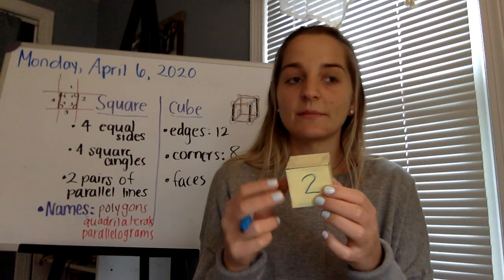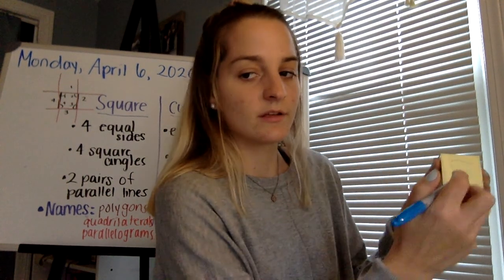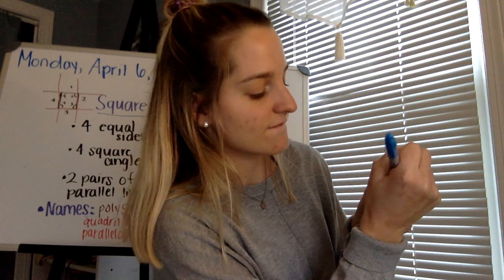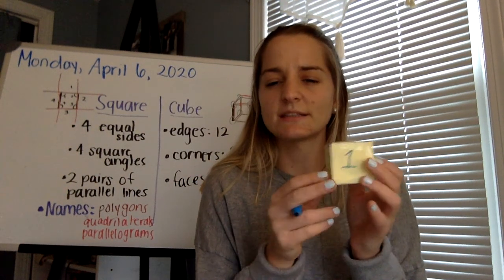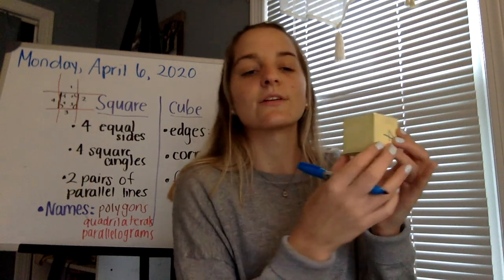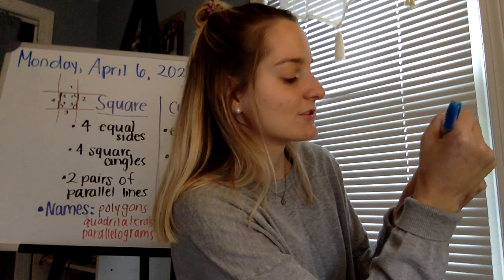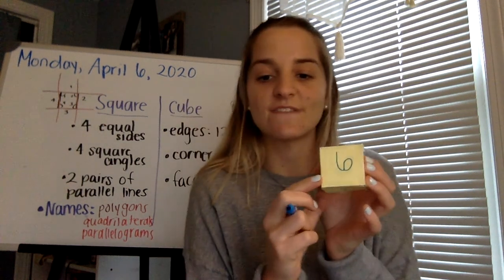Now, I'm not done yet because I have to look at the top. So here's 5 faces, and then I'm missing 1. Cannot forget the bottom, so there's 6 faces.